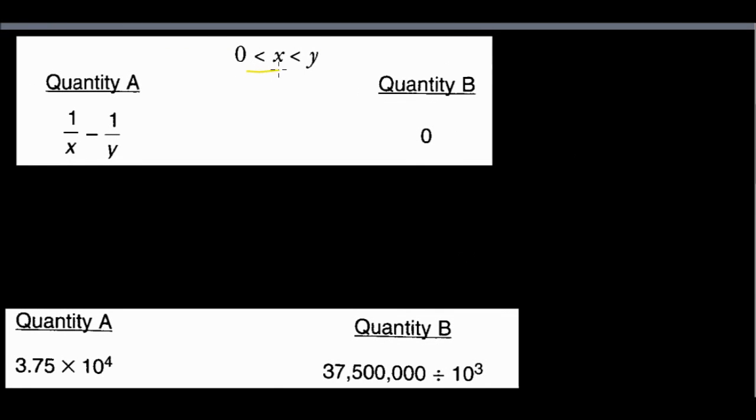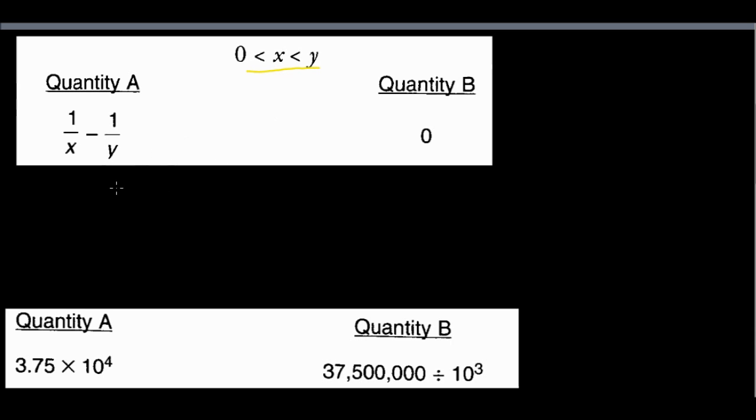The common information that applies to both columns is that 0 is less than x and x is less than y. So one thing we know is that x and y are both positive. In column A we have 1 over x minus 1 over y, whatever that value is, and in column B we have 0.